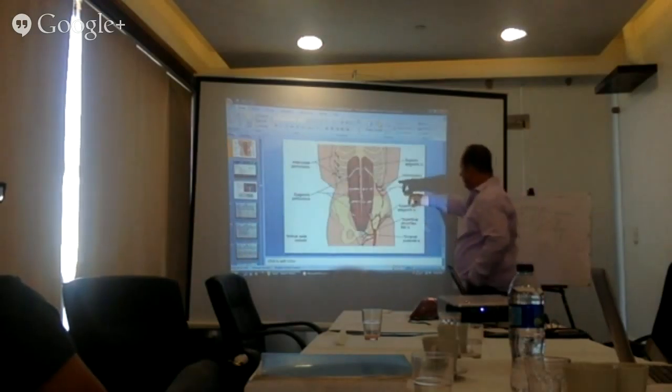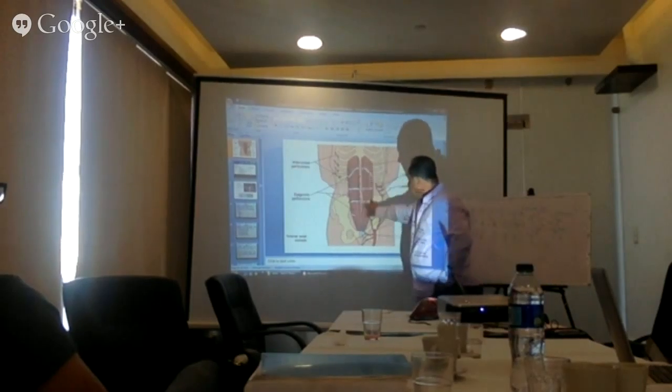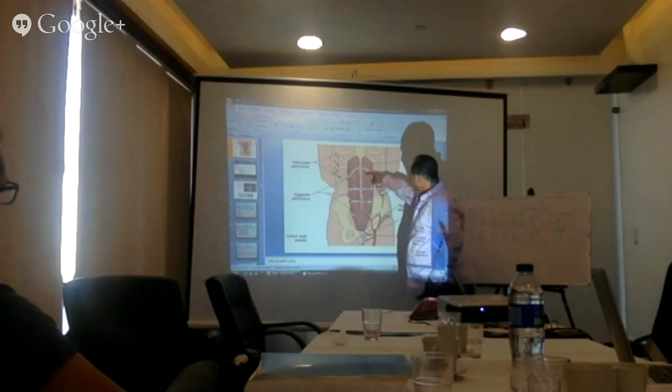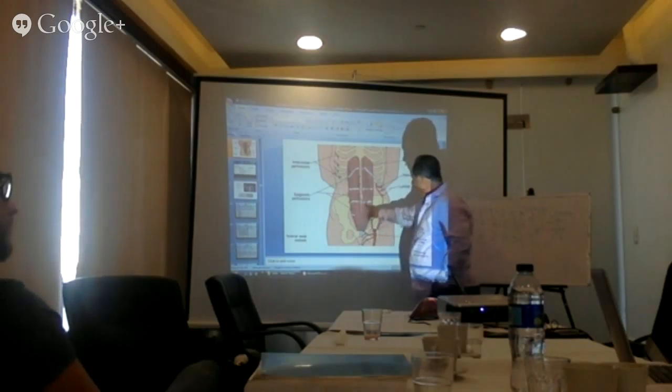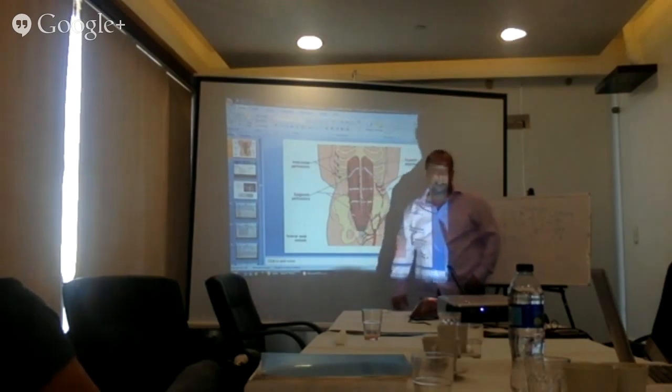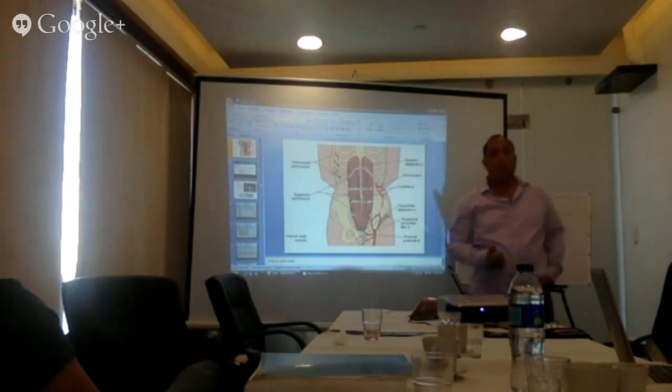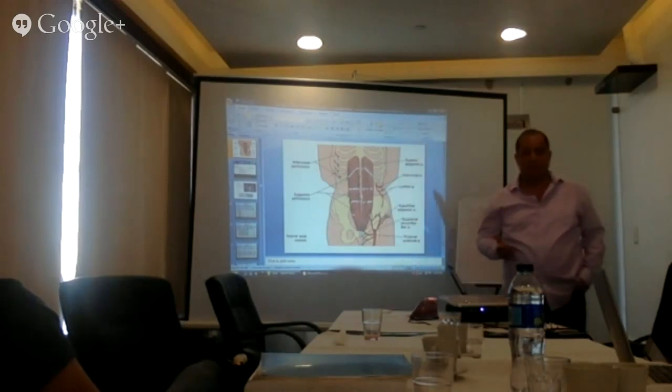Here we have the rectus, left side and right side. Here we have the superior epigastric, and this is the inferior epigastric, which comes from the external iliac, and this is going to anastomose near the umbilicus. And the same for the venous drainage.